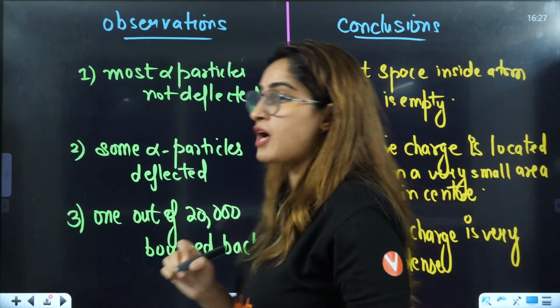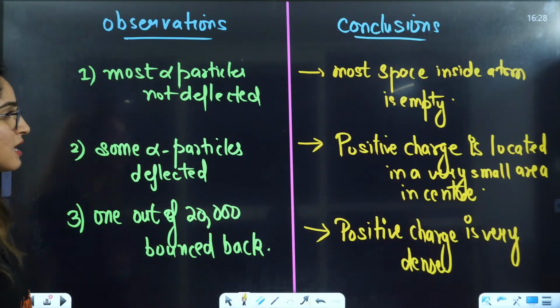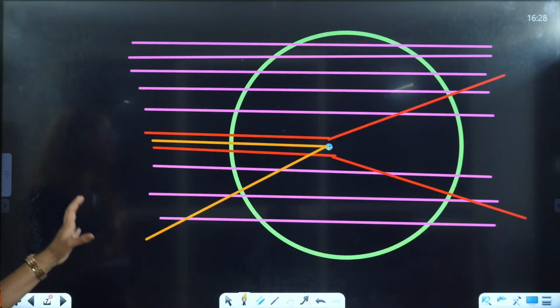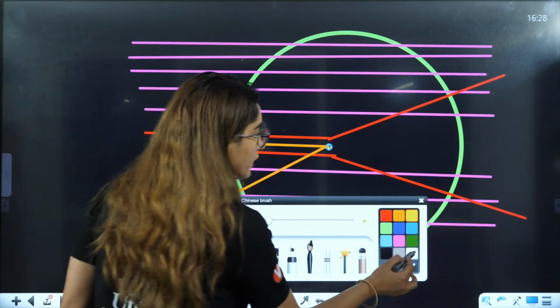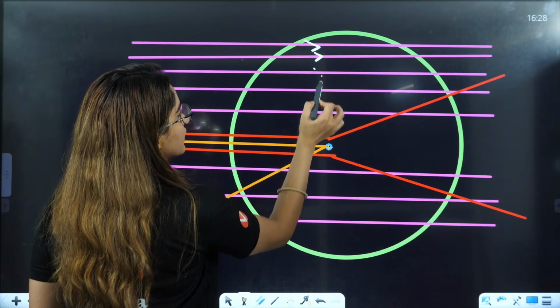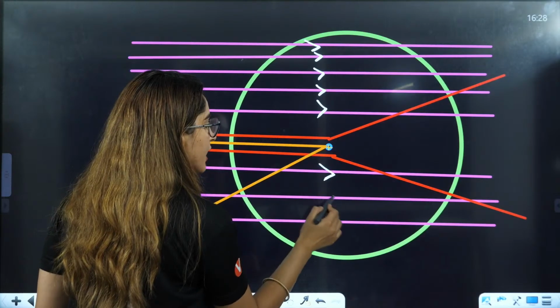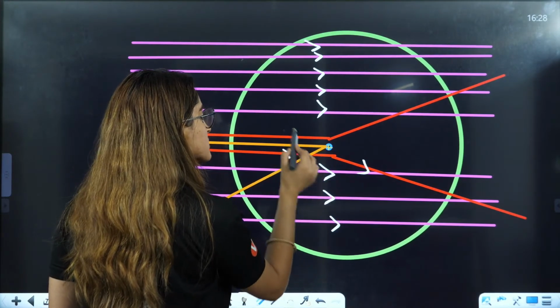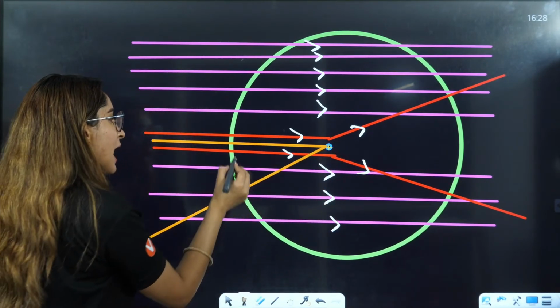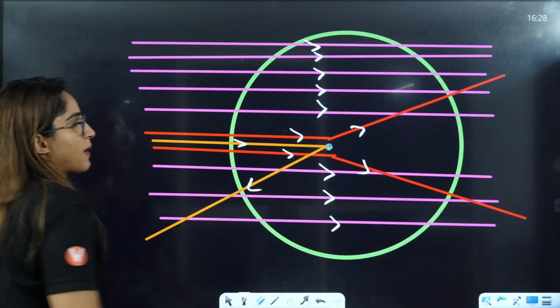These were the observations and conclusions: they were passing straight, only some were deflected, and very few bounced back.